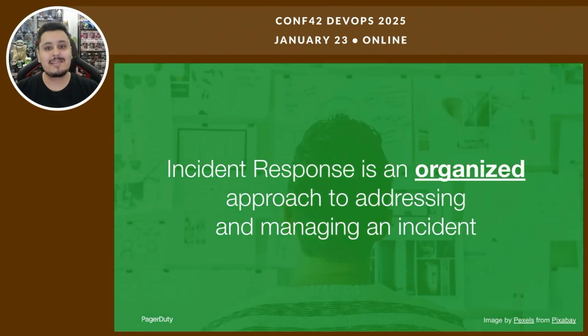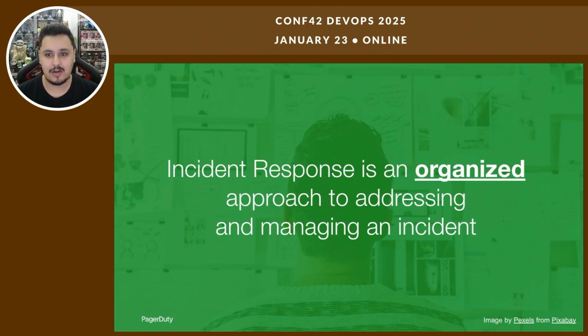So, what is incident response? Incident response is an organized approach to addressing and managing an incident. You see, companies handle incidents differently every day, and most of them can handle incidents without having an organized incident response process, though. But with an effective incident response process, your goal isn't just to solve the incident, it's to handle it in an organized way.